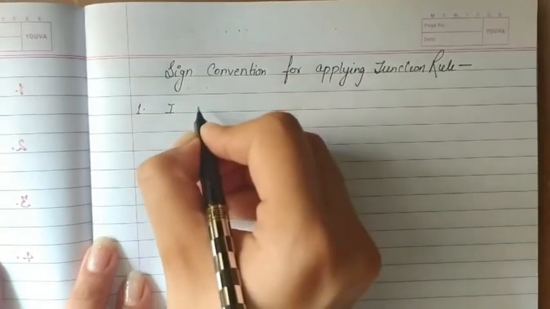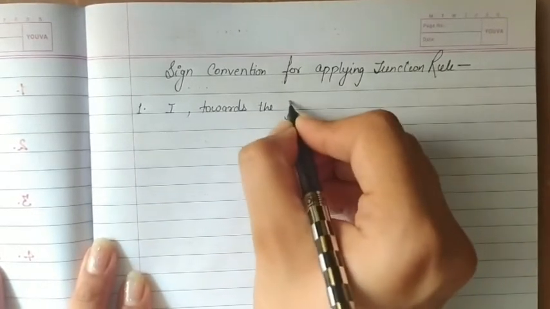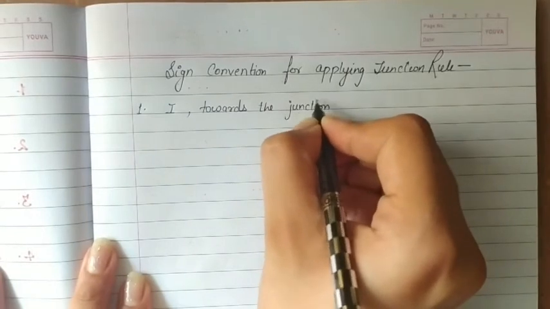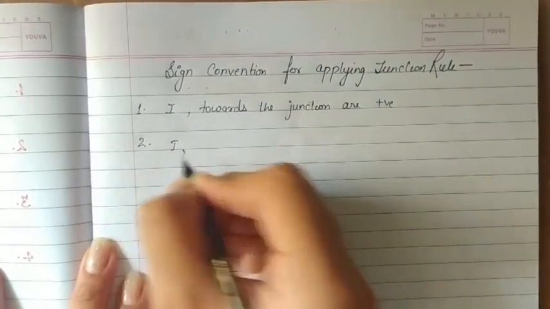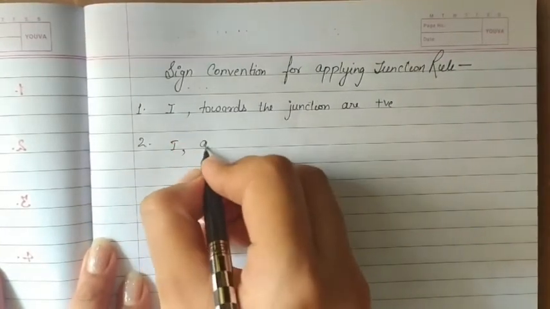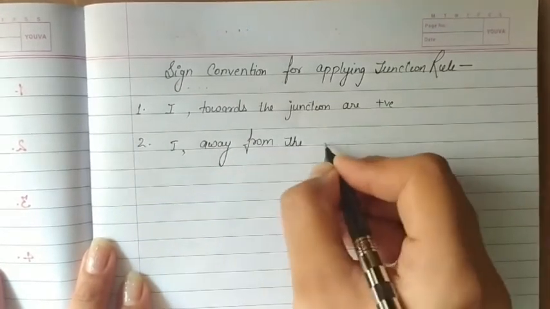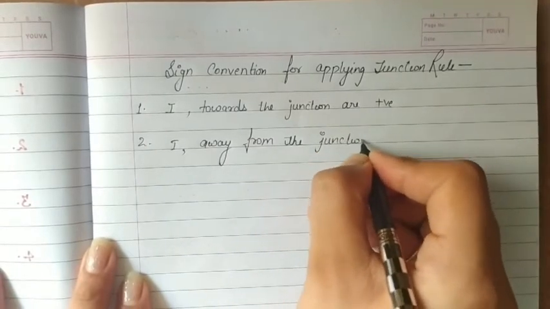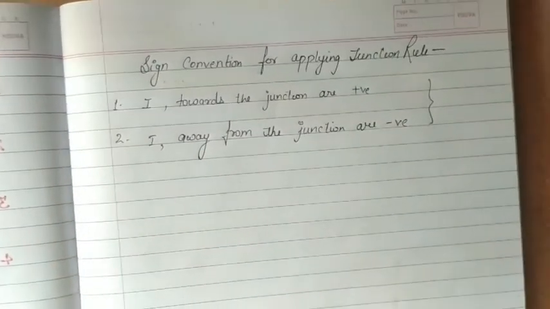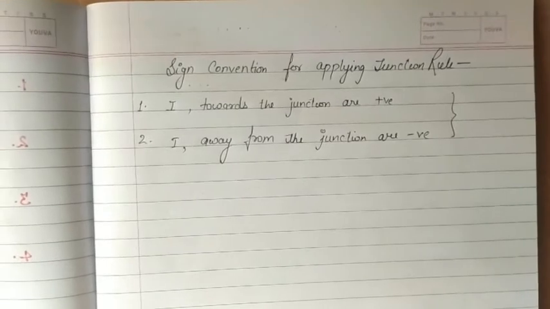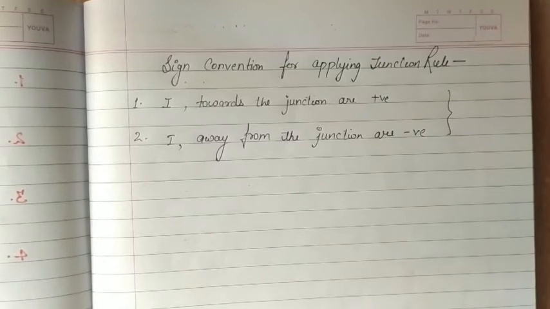That means currents towards the junction are positive, and the second is, currents flowing away from the junction are negative. Now these are the two sign conventions which we have to follow while applying the junction rule or while using Kirchhoff's law in any electric network.